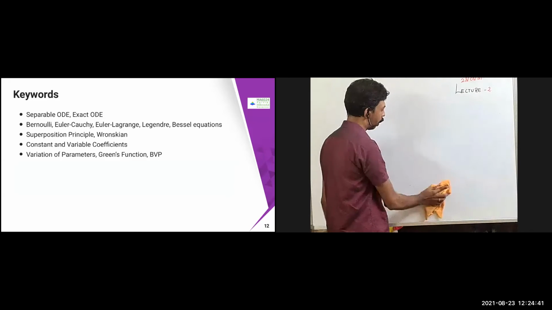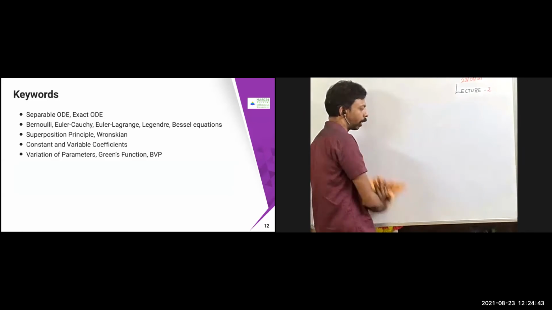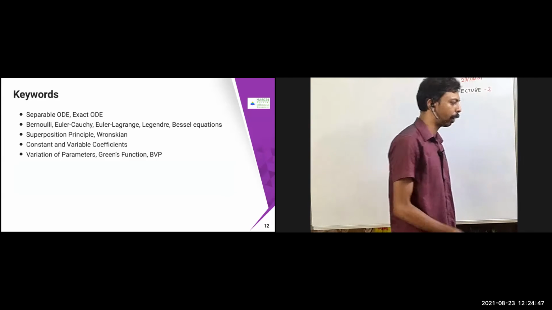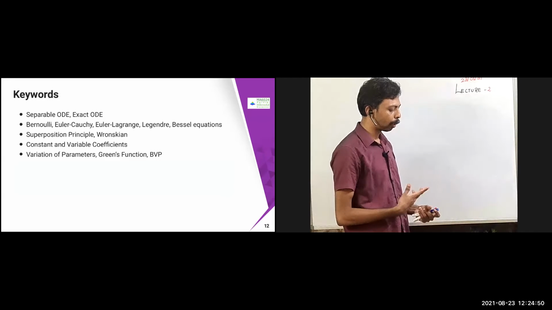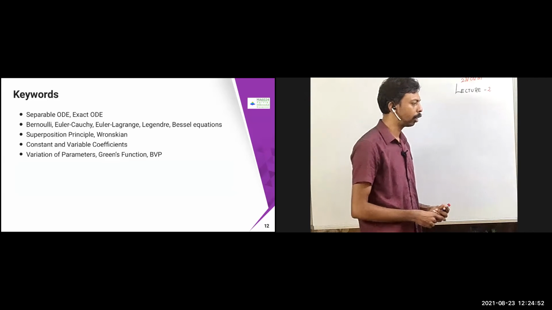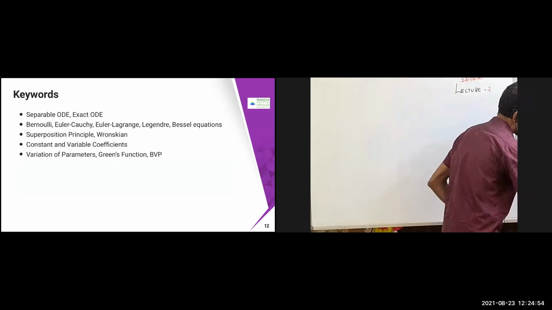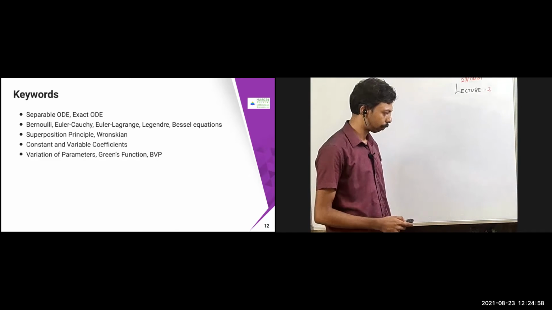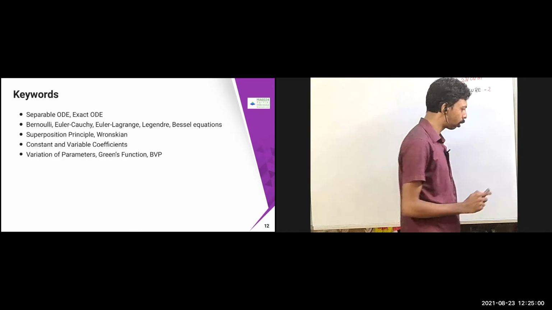Apart from that, Wronskian, how to solve problems with constant coefficients, with variable coefficients, with variation of parameters, Green's functions, boundary value problems, and something extra like the exponential matrix, etc. You might have studied these in the ODE course.